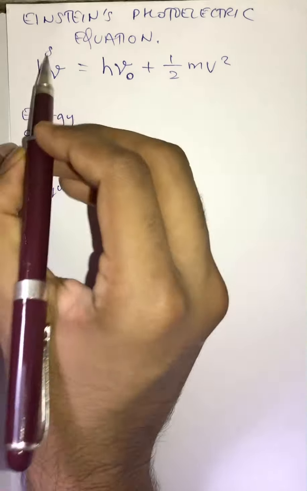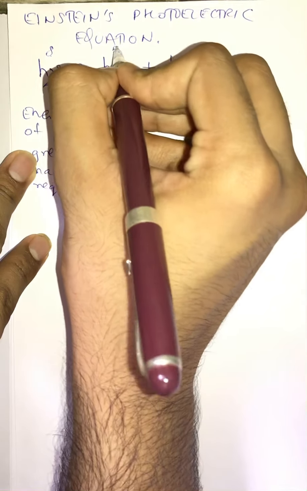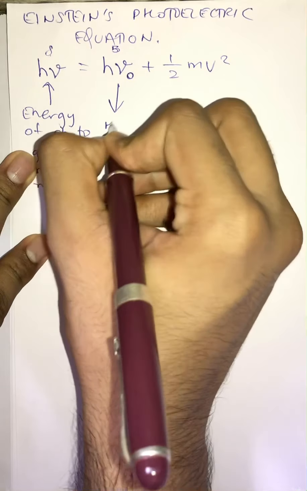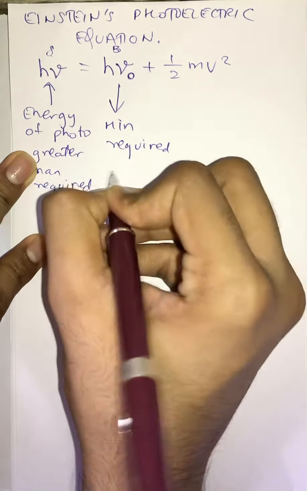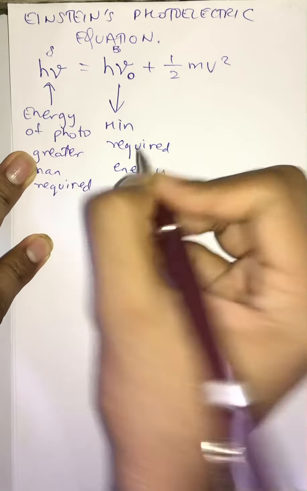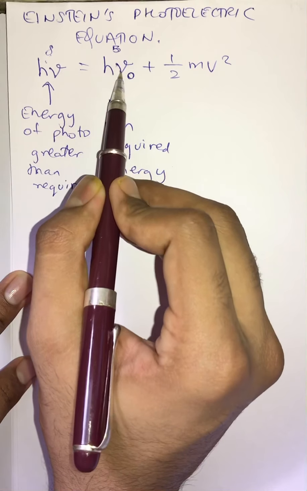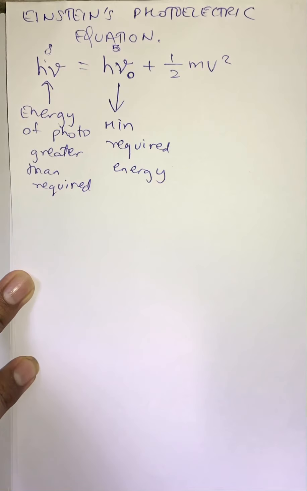Out of these 8 joules, 5 joules is the minimum required energy, which is required to remove the electron from the atom.